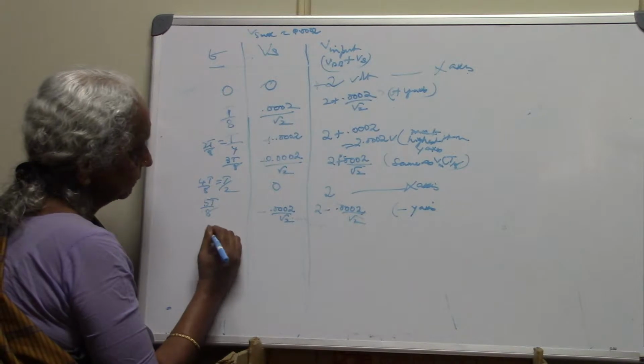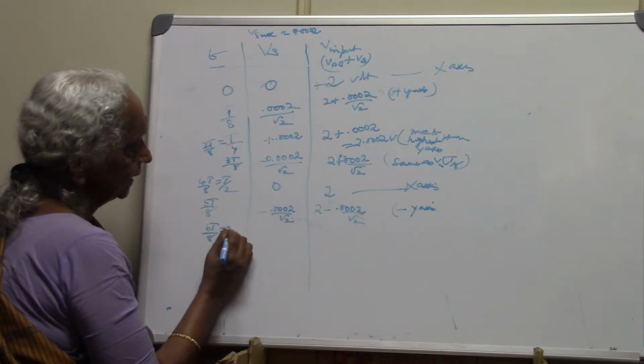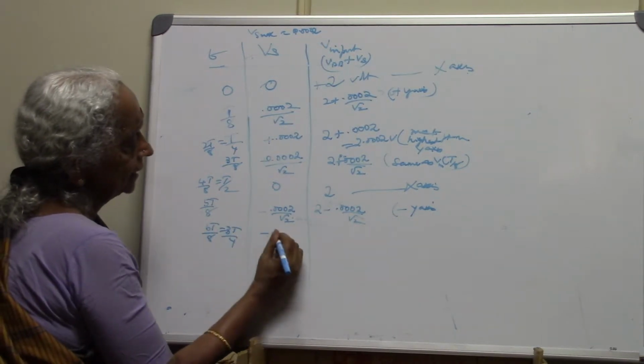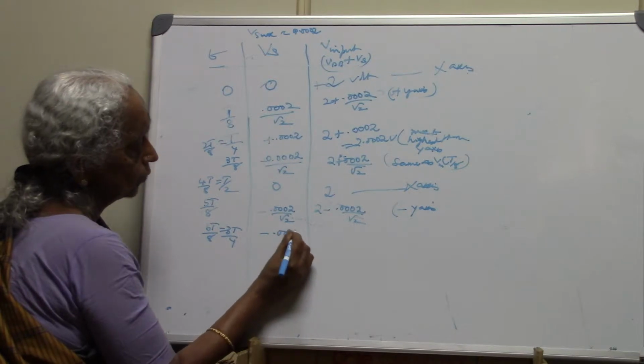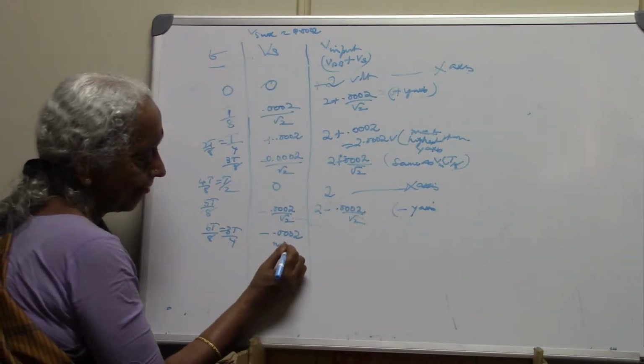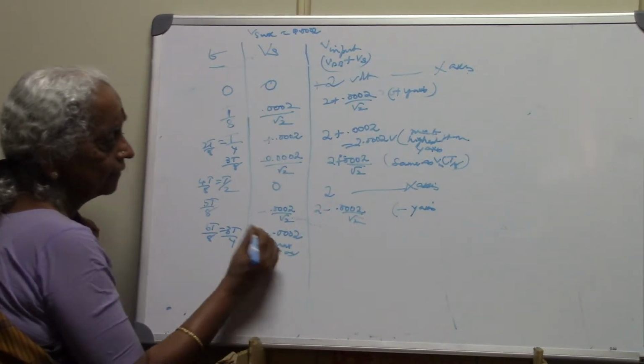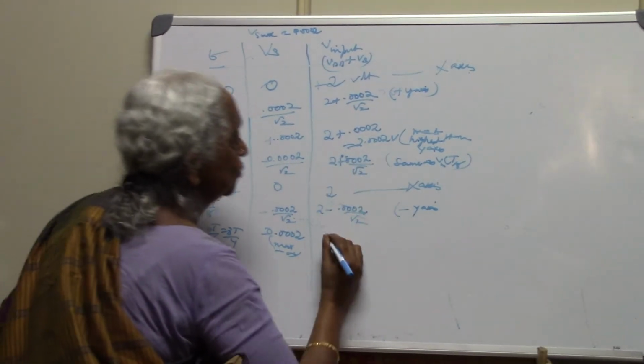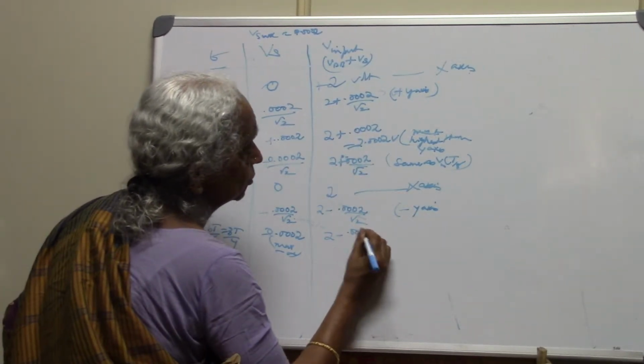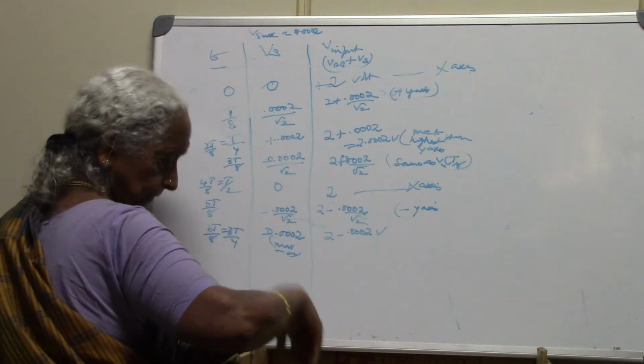Next, 6T by 8, which is 3T by 4, Vs will be minus 0.0002, maximum negative, and this will be 2 minus 0.0002 volt.